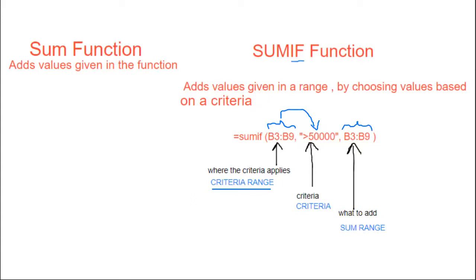So the third one, we call it the sum range. That is what to add. So the criteria range, criteria and the sum range. This is the format of the SUMIF formula.